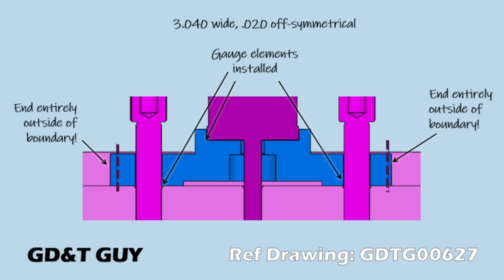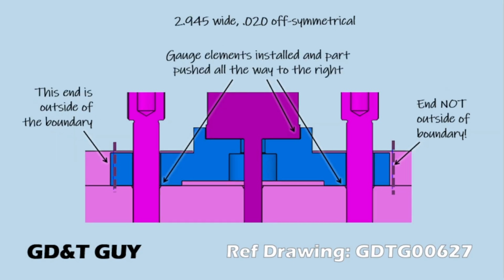So here you can see, hopefully you can see, all of our gauge elements are installed in here, and still the ends are outside of the boundaries. That is, no area of these surfaces dips inside the boundary. Get it? Let's look at a geometry that would fail this inspection, okay? So this one is the version of our part that is about as narrow as it can be, and with shifted features, producing a thin section on the rightmost end there.